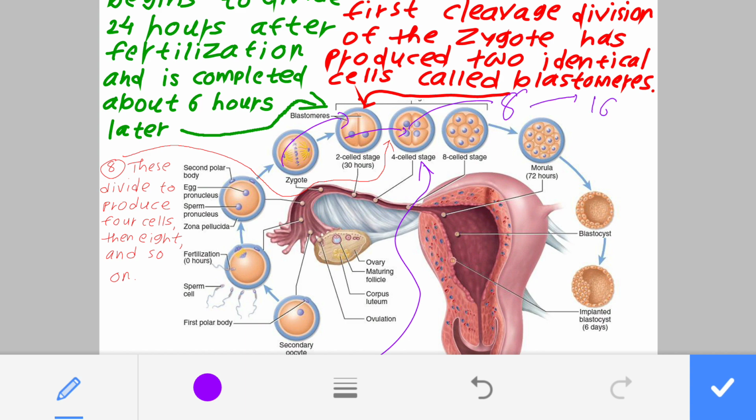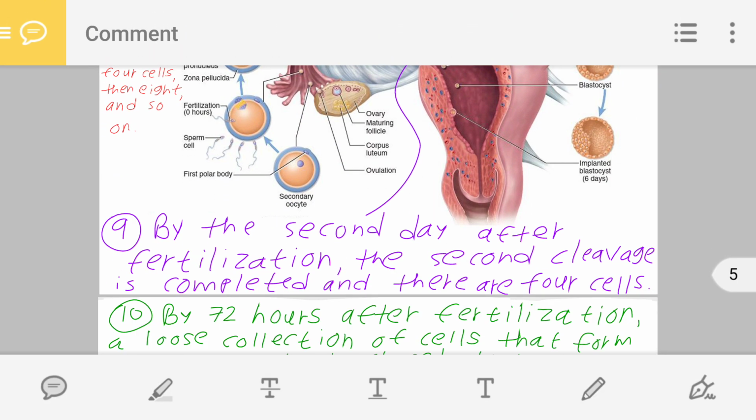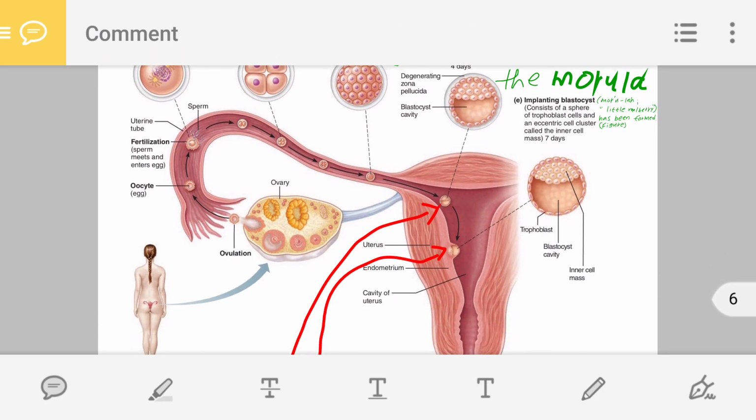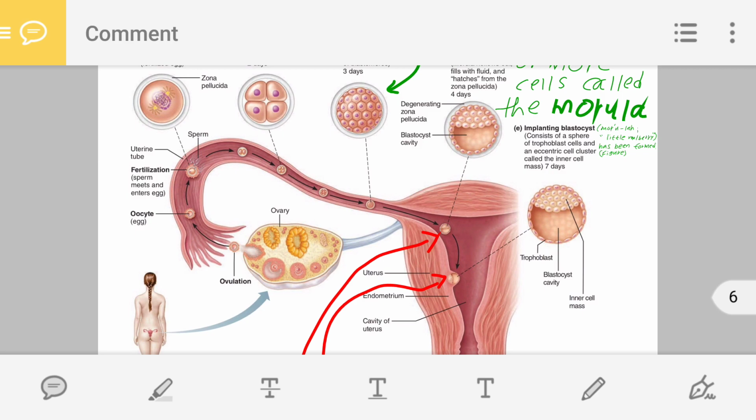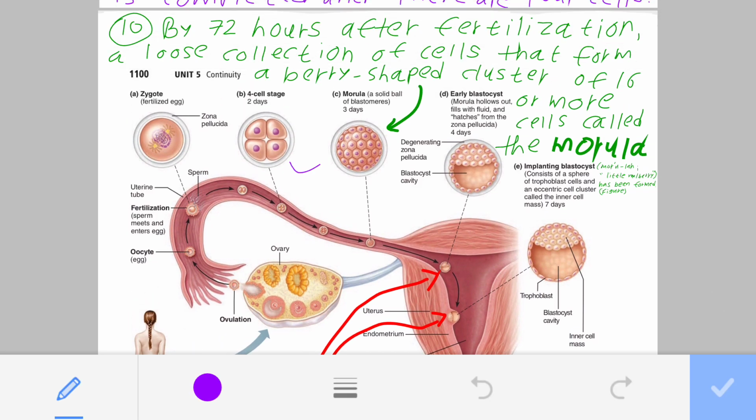So this 16 cell stage is known as morula, and this morula is then converted into blastocyst. As you can see in the figure over here, this is the morula, and it is converted into the blastocyst stage, and we will discuss this blastocyst in the next lecture.